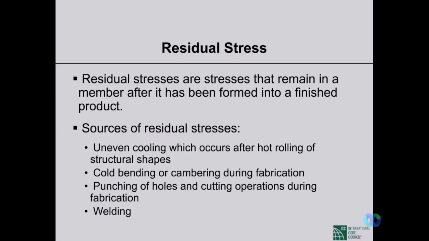Now, what are the sources of these residual stresses? The most important source is the first one, uneven cooling. Because to produce steel sections, we have to heat it up and then roll it, or cold form it, or we have to join 2 plates by welding, and that causes the temperature at the joint to rise.